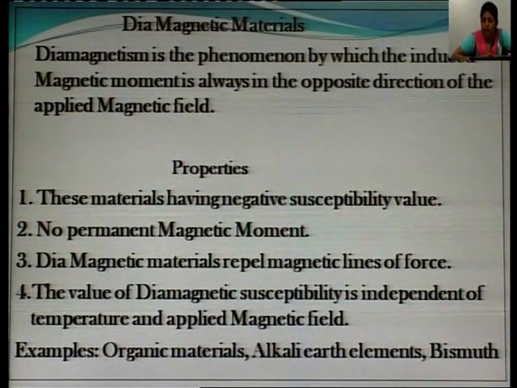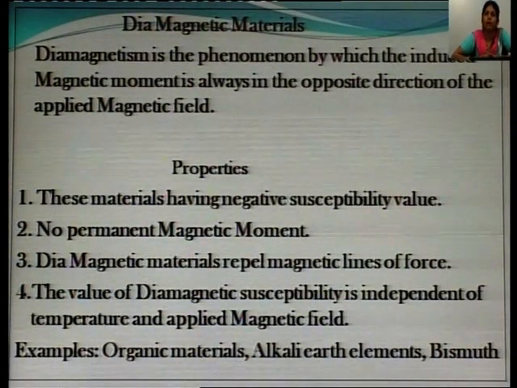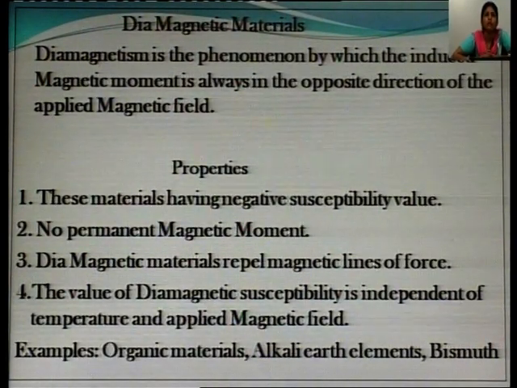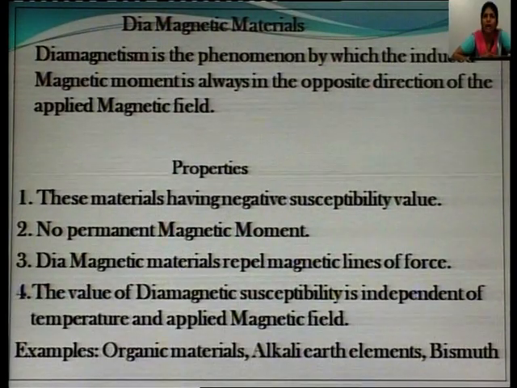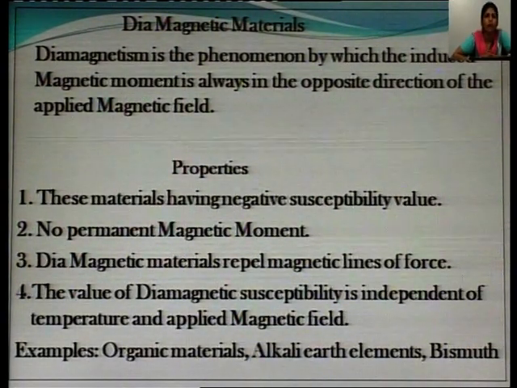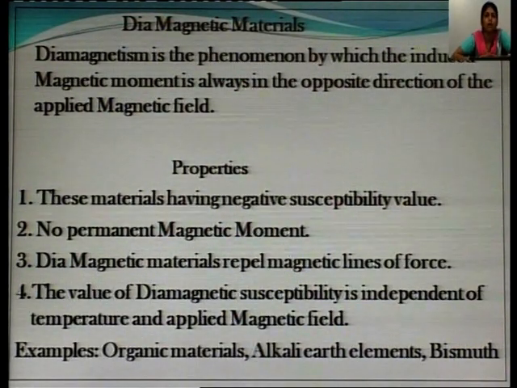Means you can say that these are those materials which are repelled by a strong magnetic field. Now, the properties of diamagnetic materials are these materials having negative susceptibility value, that is chi m is negative. Second is no permanent magnetic moment, means this is an induced magnetic material.